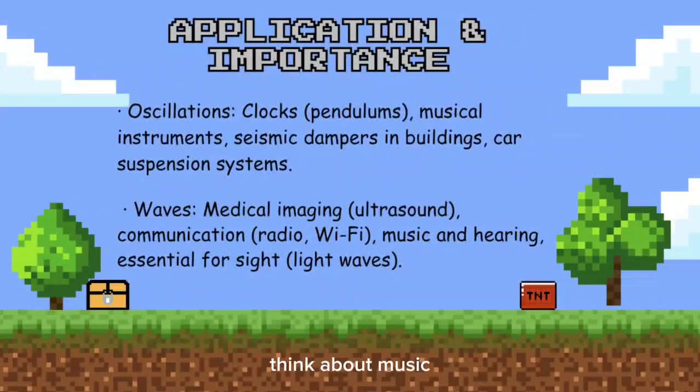Think about music, where the frequency of vibrating strings or air columns determines the pitch we hear. In medicine, ultrasound uses high-frequency sound waves to create images of our internal organs. And in communication, all of our radio, Wi-Fi, and cellular networks rely on transmission and reception of electromagnetic waves.